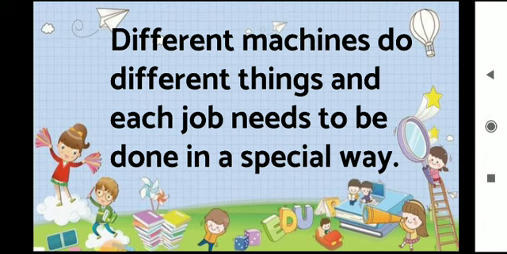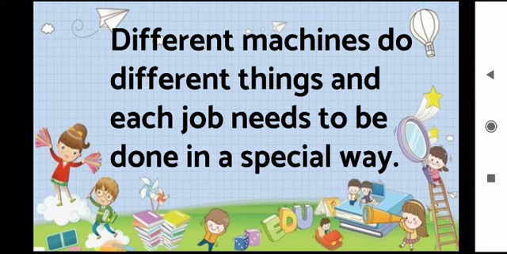Each machine is made to do a particular work. For example, we can take a hammer. A hammer is made so that it can drive a nail into wood. And if we take the example of a wrench, a wrench is used for tightening screws. So different types of tools have their particular work, and that's why they are used by different professionals.